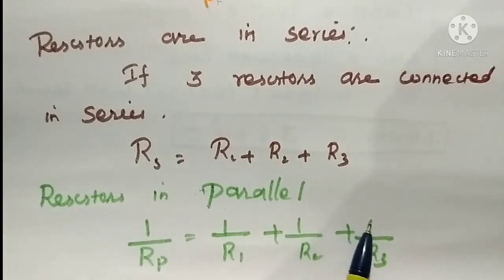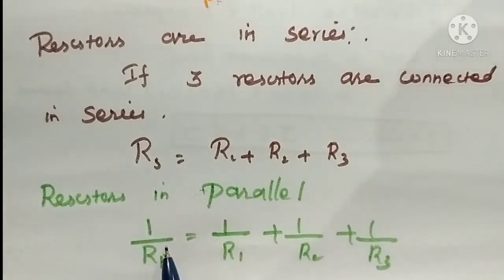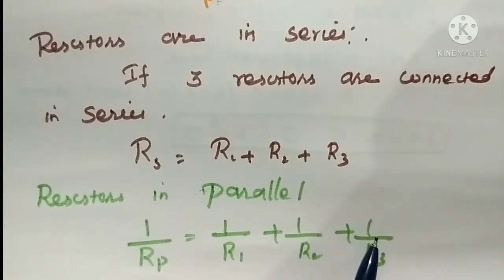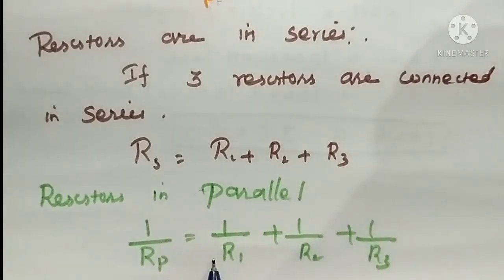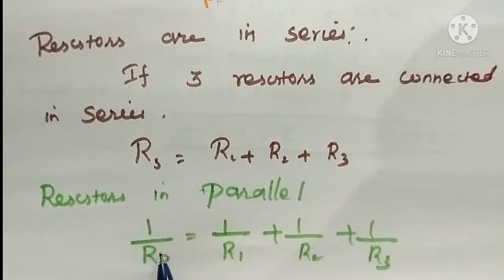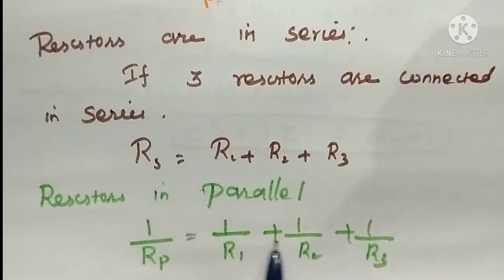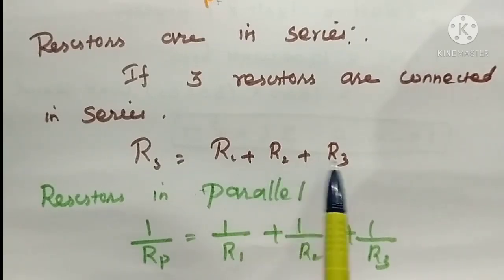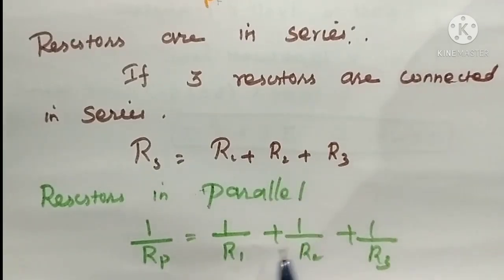The reciprocal of the effective resistance is equal to the sum of the reciprocals of the individual resistances. Remember these two formulas. Series means you just add R1 plus R2 plus R3. Parallel means 1 by R1 plus 1 by R2 plus 1 by R3.